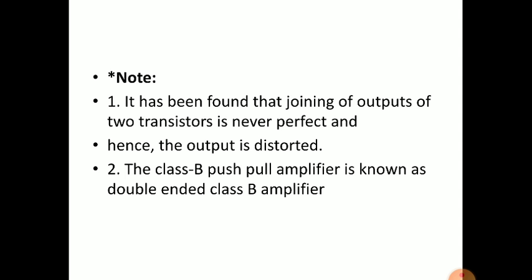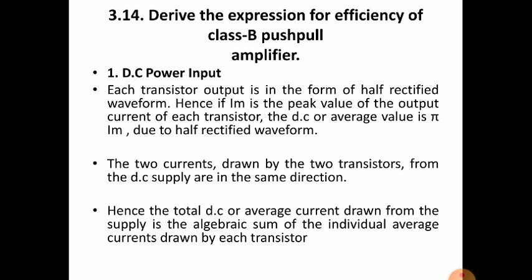We are getting the perfect output, but the transistors are conducting only the half of the inputs separately and joining them. So we get wastage of 0 and the efficiency is higher. We get the efficiency from the derivation. No need to bother about it now. So now we have to derive the efficiency, right?